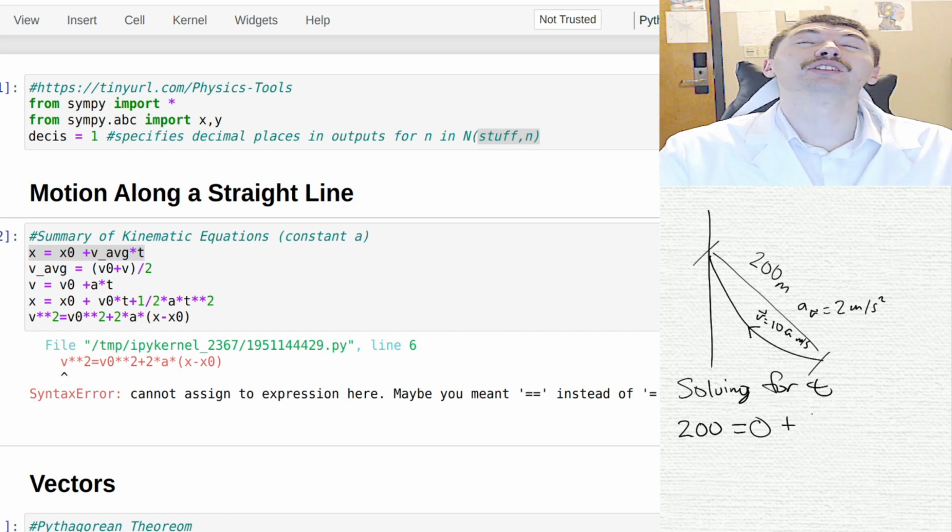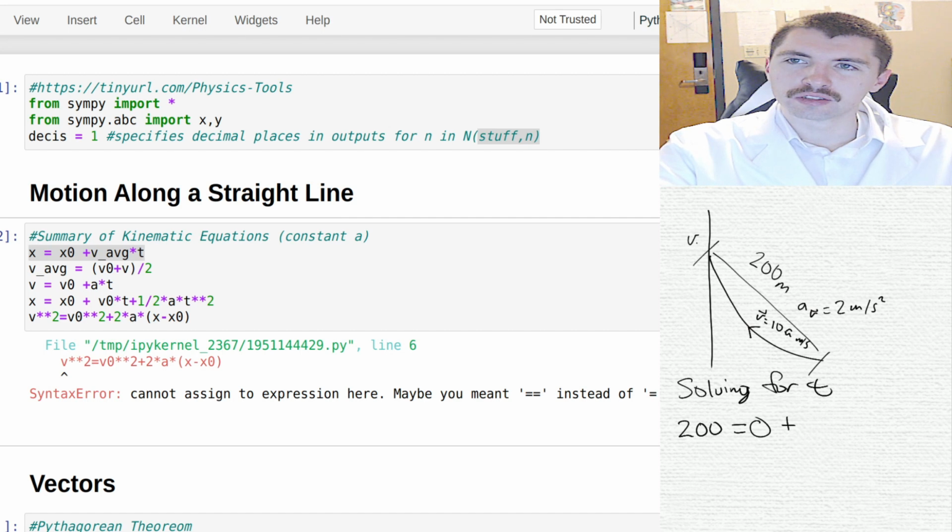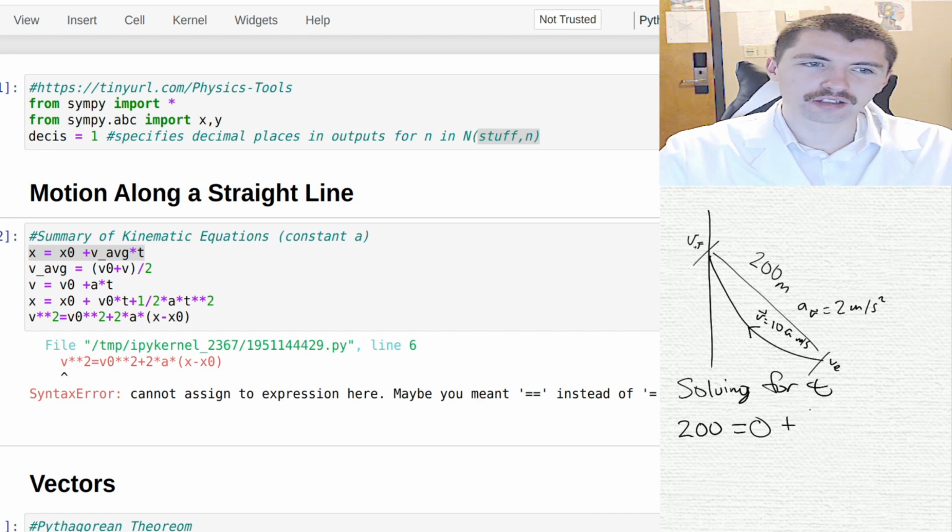They want the average over this distance, so that is v final minus v initial over time. I think it's just 10.